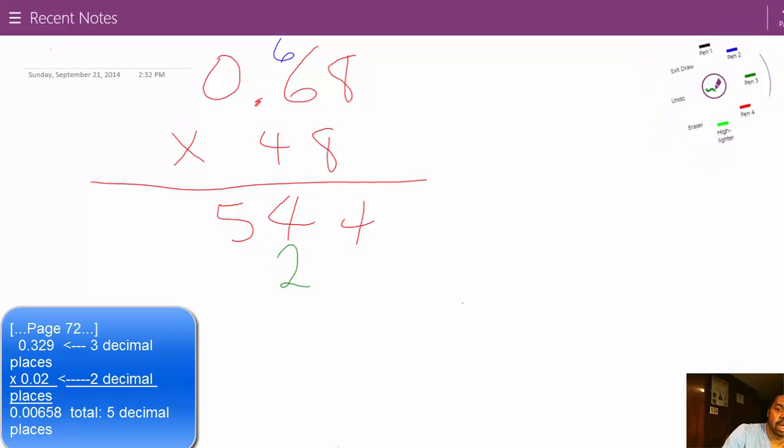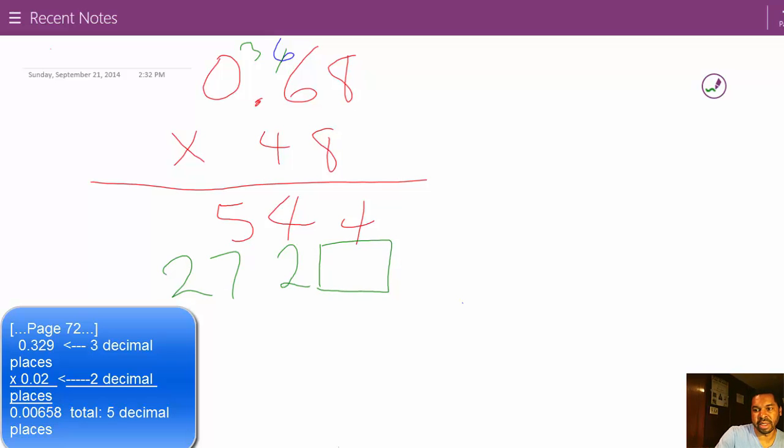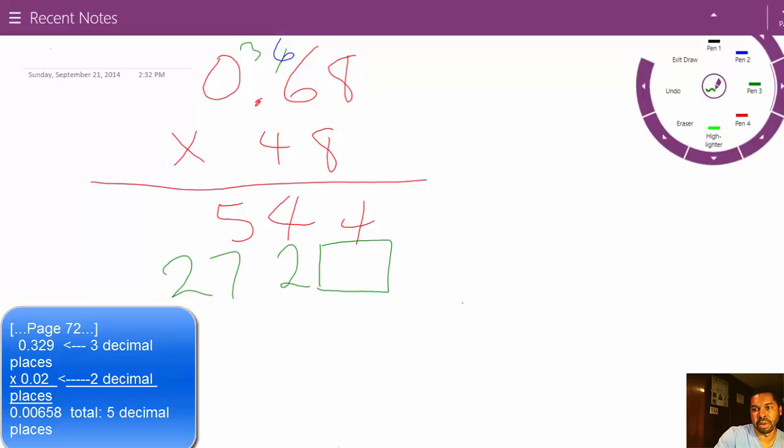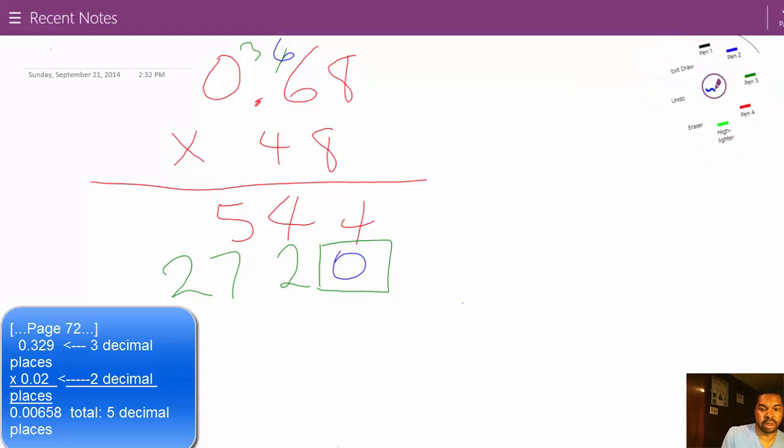So you put a 2 down and you're going to carry the 3. 4 times 6 is 24, and 3 is 27. Again, right here I don't write anything. That empty space has a 0 as a placeholder. If you want, you can write it. It's not a big deal. It's up to you.